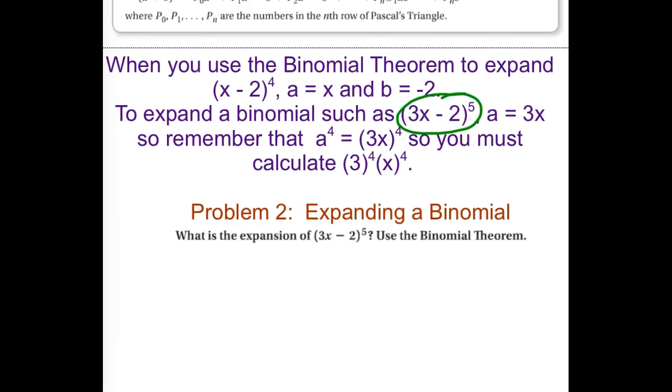Where most students run into trouble is you're expanding something that's not strictly an a and a b. Now we start throwing some numbers in there. Make sure that your term is put in parentheses when you write it out. Make sure if there is a minus sign that you tack it on with the second, with the b term. So when you look at this, x minus 2 to the 4th power, what we used to call a is now going to be an x.